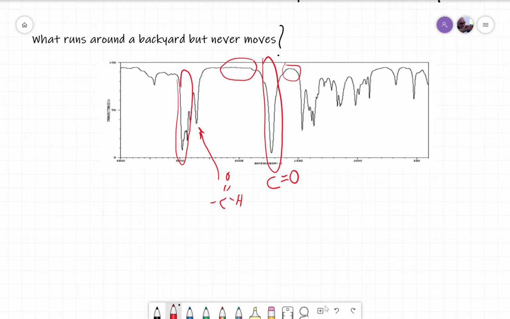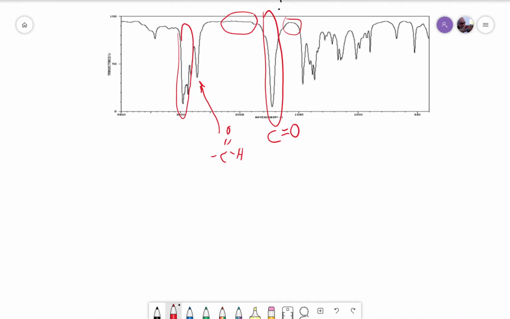In order to obtain the actual structural information, the minimum information you would need would be the molecular weight. If I told you the molecular weight of the compound was 88 grams per mole, or 88 AMU, you might be able to start figuring out what structures could possibly exist.